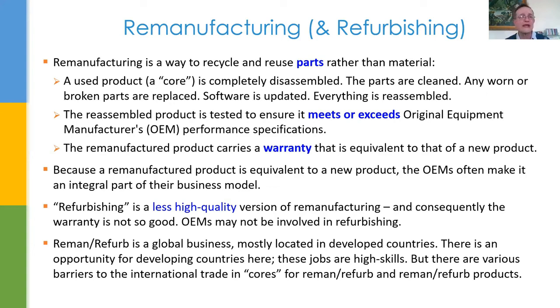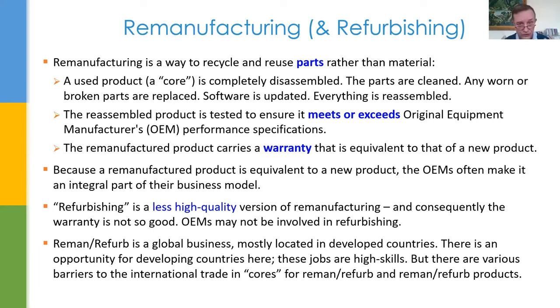The parts are all cleaned, any worn or broken parts are replaced, software is updated, and everything is then reassembled. Now, this is where it becomes key. The reassembled product is tested to ensure that it meets or exceeds original equipment manufacturer's performance specifications. That is to say, you are making a remanufactured product that is as good as a new product.